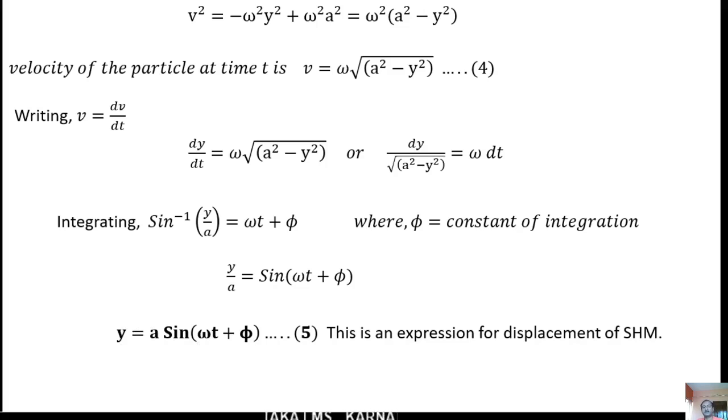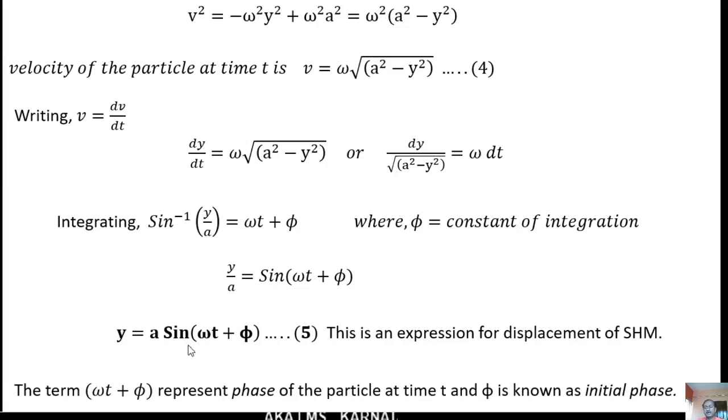Here the term on the RHS of the above equation, that is omega t plus phi, represents the phase of the particle at the time interval t second, and phi is known as the initial phase of the particle.